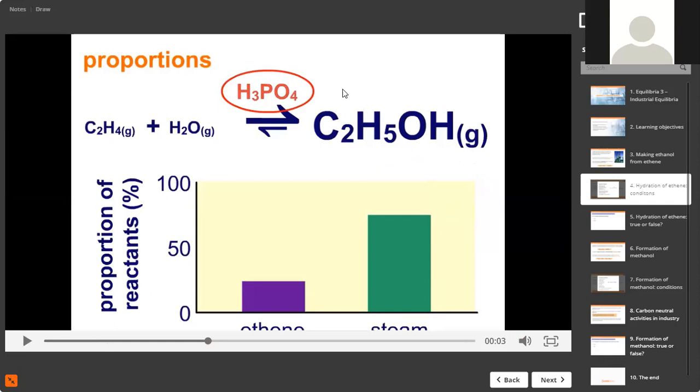It will wash away with that increase of steam. So what actually happens is our rate of reaction really slows down. So we might get this increase that we see here, but it happens a lot slower.